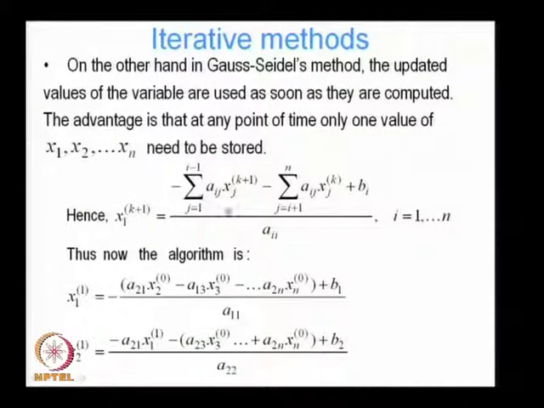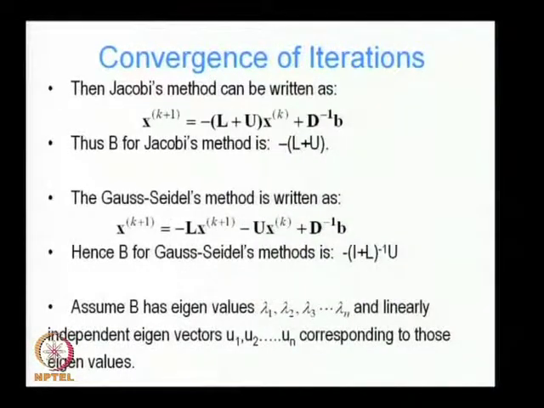This is L x_j^(k+1) minus U x_j^k plus b, and everything I am dividing by a_ii. So, there is a D inverse here, but this is already built into the definition of L, so that does not show up. So, minus L x^(k+1) minus U x^k plus D inverse b.